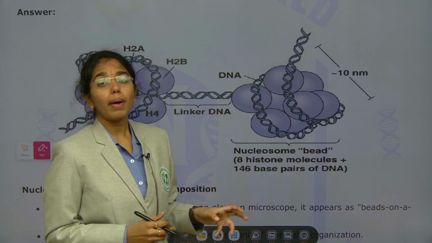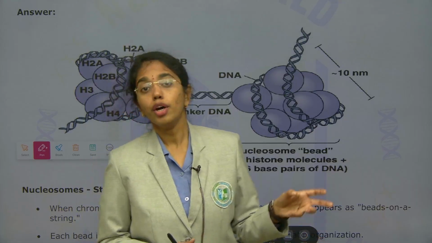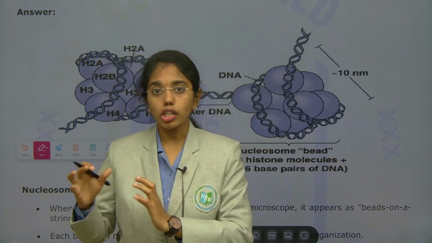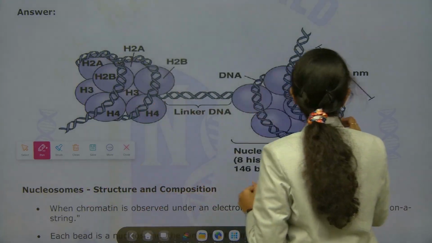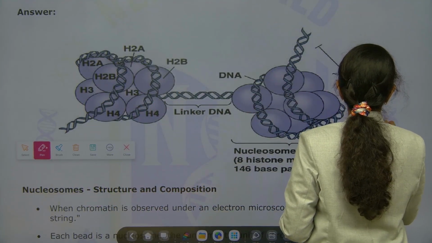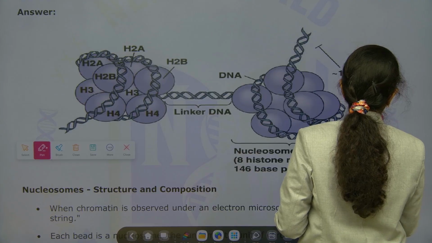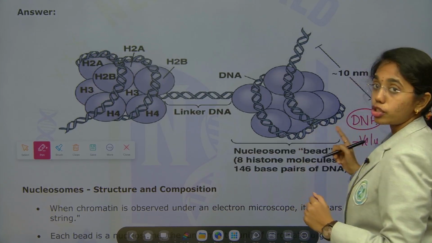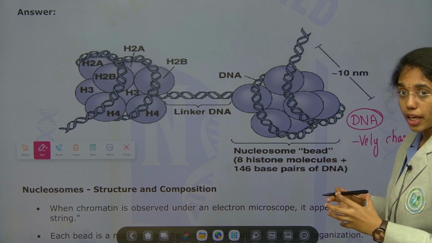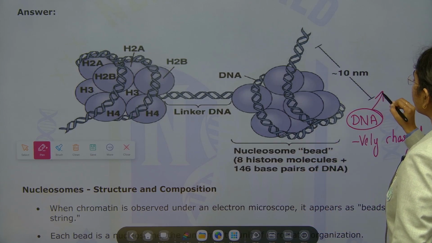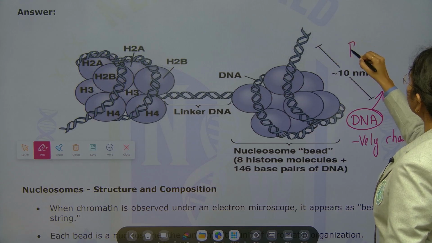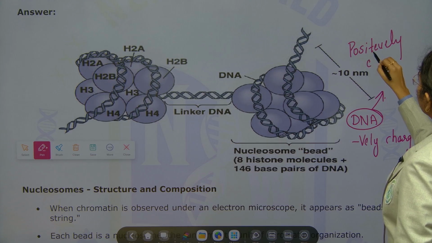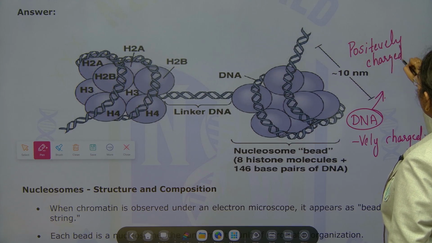So, here chromatin should get condensed into chromosomes. In the process of condensation, as DNA is negatively charged, this DNA has to condense. When will this DNA get condensed? It condenses by alignment of positively charged histone proteins.